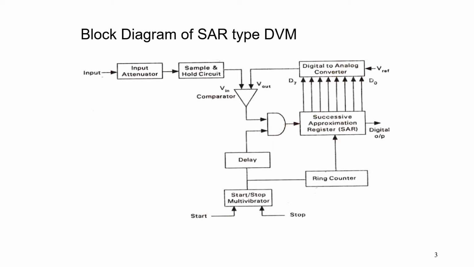The output of the SAR is 00000000, that is from D0 to D7 shown in the figure. We get all zeros, so the output voltage of the D to A converter is also zero. At the beginning of each measurement, a start pulse is applied to the start-stop multivibrator.